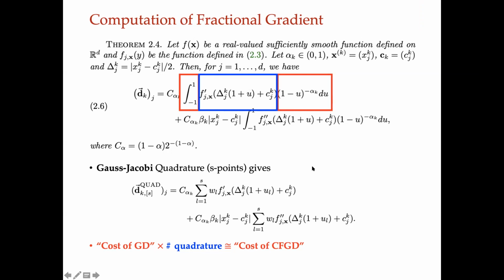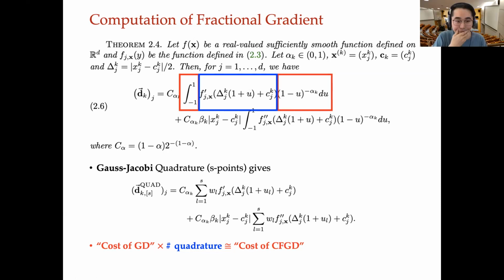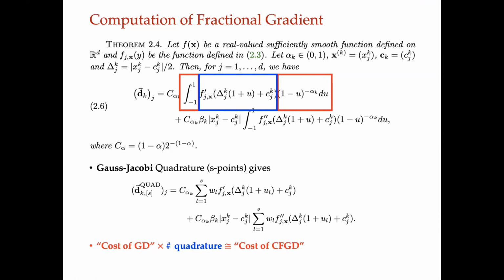Can I ask a quick question here, Yeonjong? Yeah, go ahead. This is Hassan. So this d sub k that you're computing, it's that directional derivative, the fractional derivative, right? So how come the bounds of the integral that you have are constant and fixed?